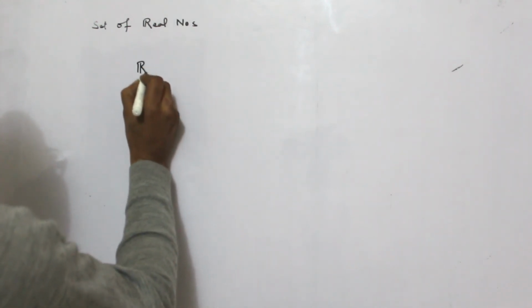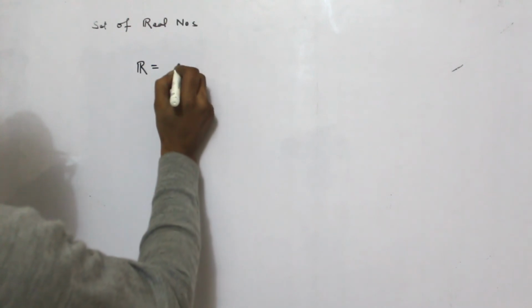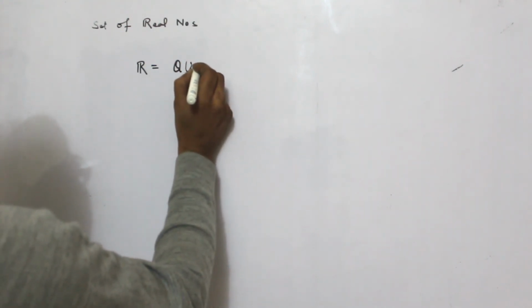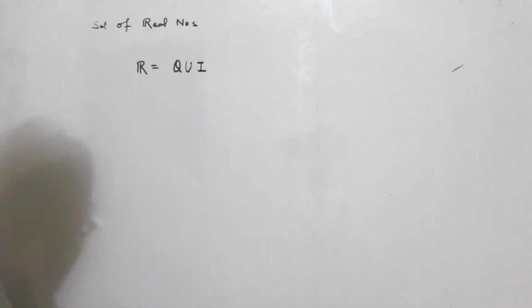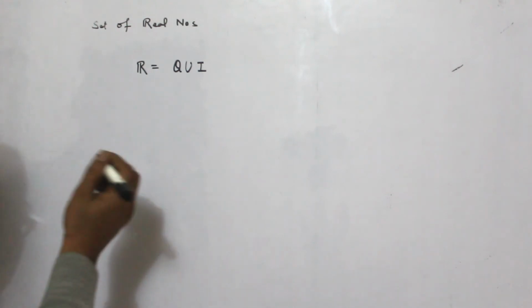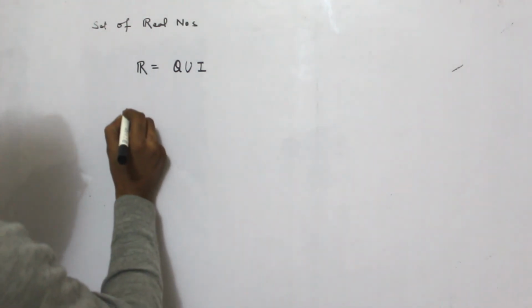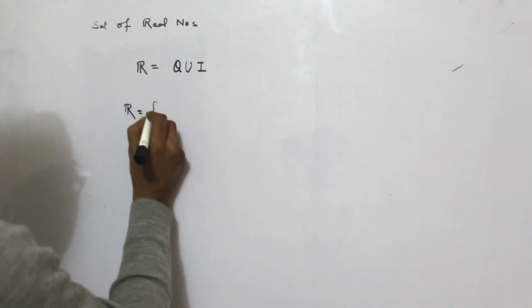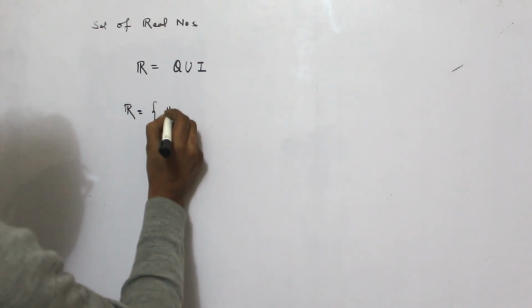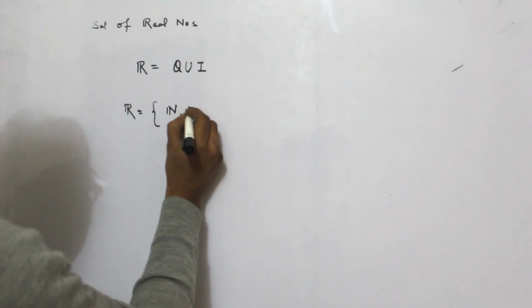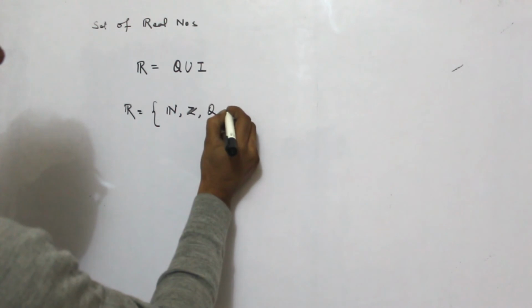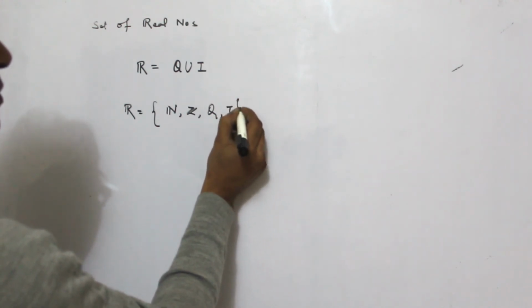The notation we use is R, which is the union of rational and irrational numbers, or in a larger perspective you can say R is the superset containing all natural numbers, integers, rational numbers, irrational numbers.